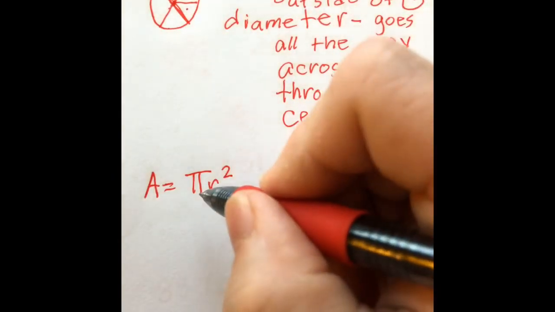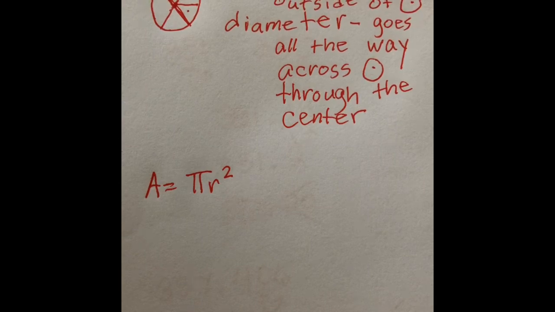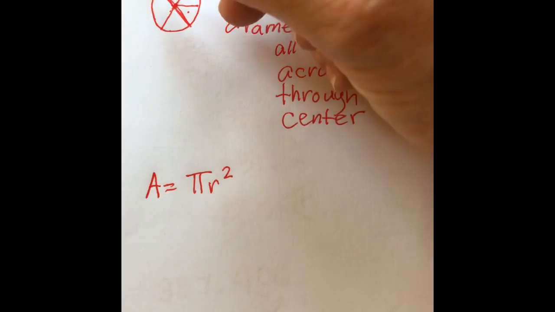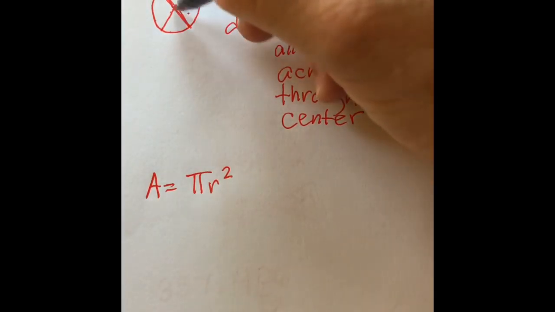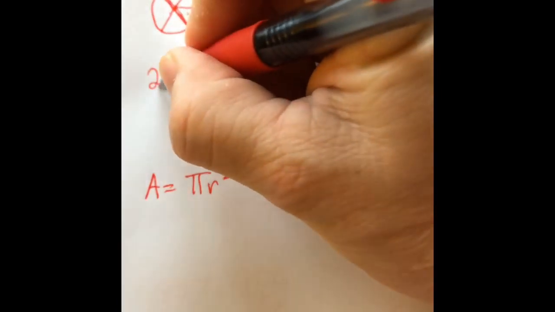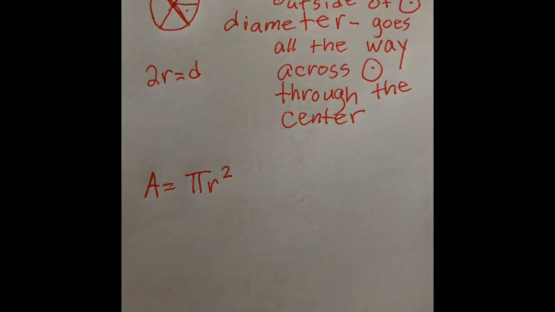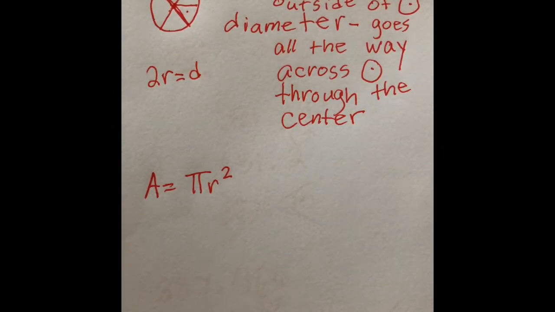Notice it has r in there. Now, if it gives you the diameter, you don't know r yet. You're going to have to figure out r. So if two radii go together to make a diameter, then the diameter is twice the radius.